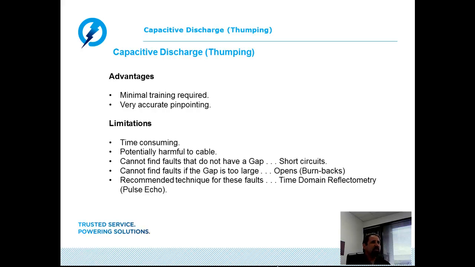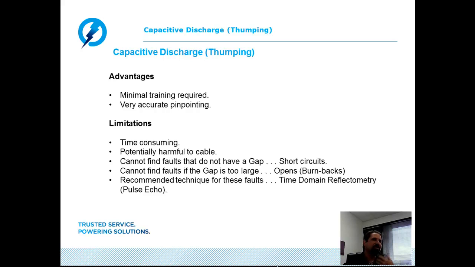Also, the technique will not find faults that do not arc over. For instance, if we have a dead short, what we call a bolted fault, where the conductor and neutral have come together and bonded, if there is no gap, there is no sound.